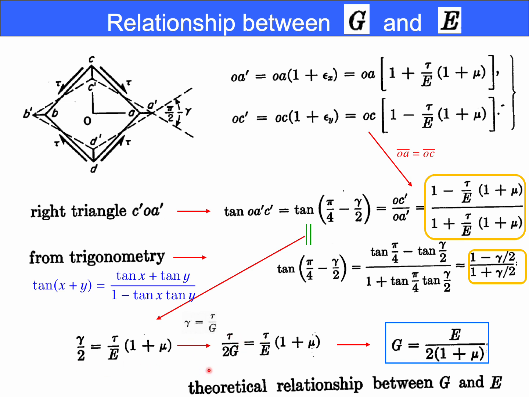And from this, we obtain this. All right? Therefore, by comparing the coefficients, we finally find G equals E over 2 times 1 plus Poisson's ratio. And this is a relationship between the shear modulus and Young's modulus. All right? And this is worth memorizing.